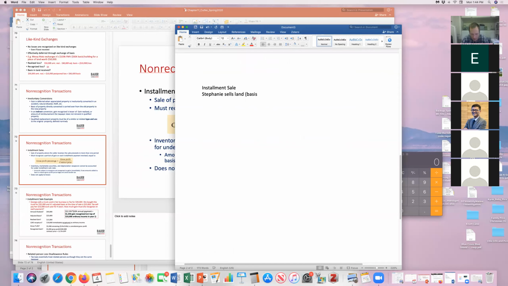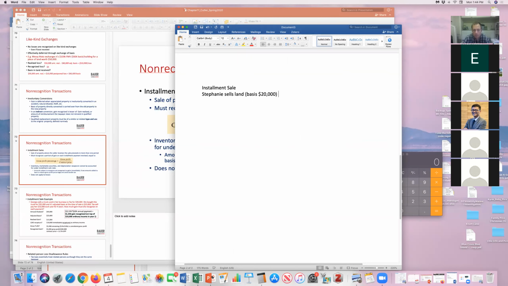Basis is 20,000, for $80,000, to be paid in 10 annual installments of $8,000 each.